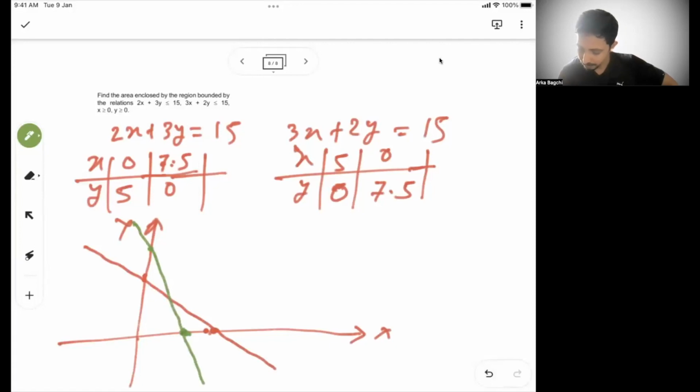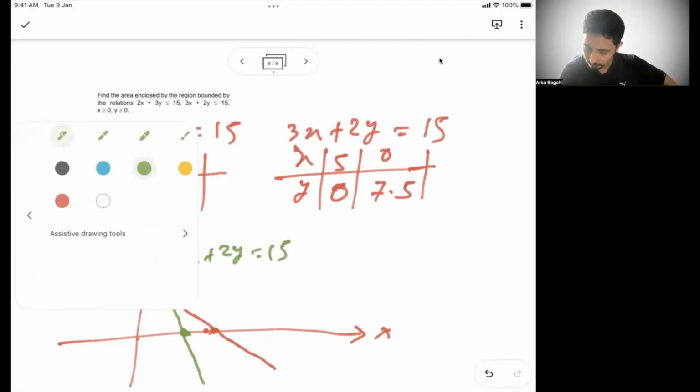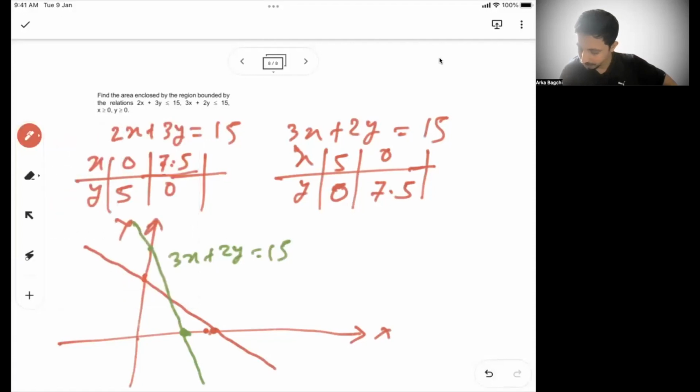So this is another line. Okay. So this line is 3x plus 2y equal to 15. And you have this line, which is 2x plus 3y equal to 15. Okay. So that we got.